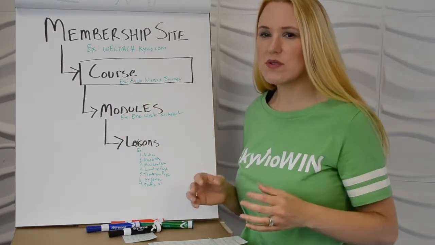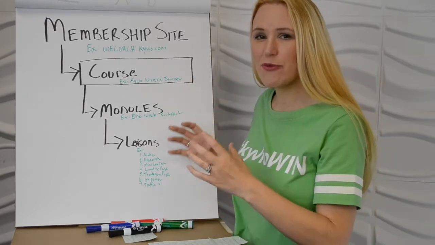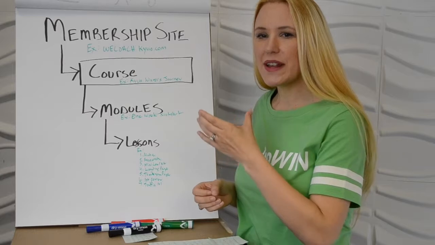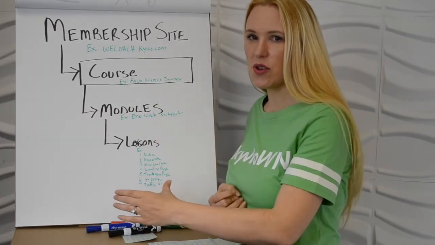I'd also like, if you're using Kyvio, that you basically do the basic setup for your course so that you can get the webhook so that you can sell it on your thank you page.